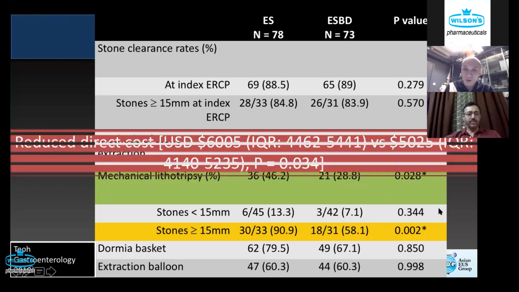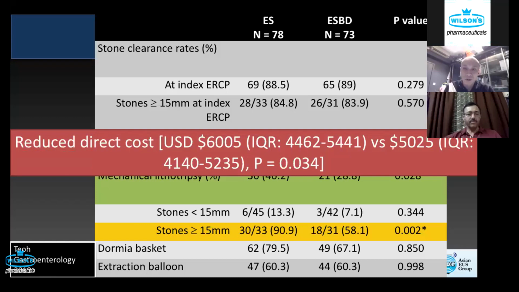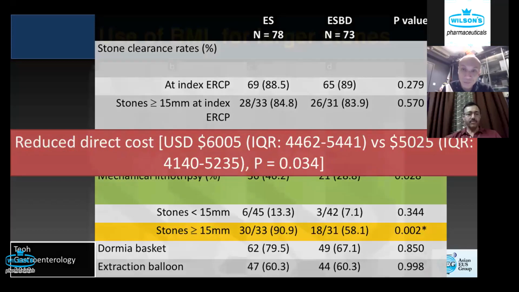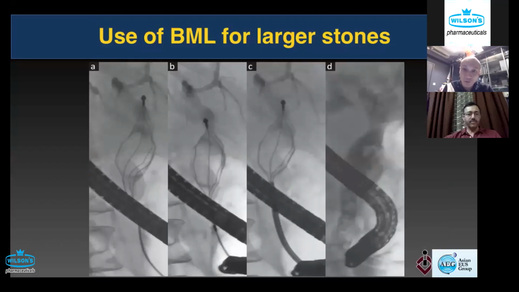Also, the cost can be reduced. Definitely, if you see large stones, don't hesitate to use a balloon, because if you don't, you might regret it when you try to take the stone out from the papilla.